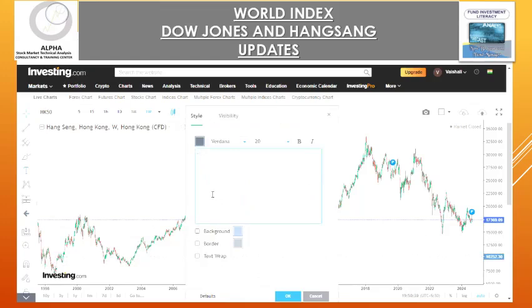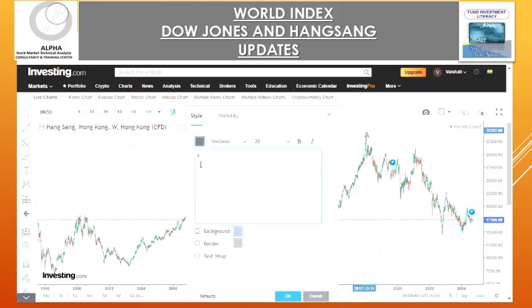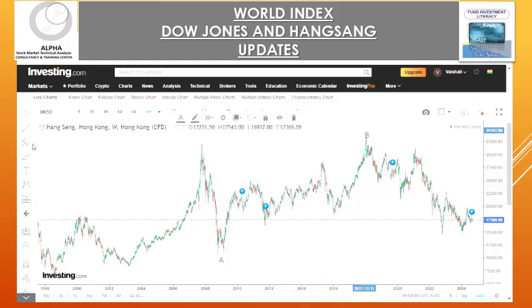Corrective waves are basically three waves, and we name them A, B, and C. So this looks like an A to me. This looks like a B. Let's keep it capital B, and this looks like a C.